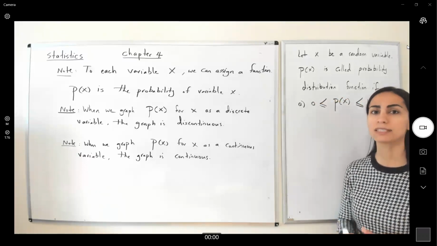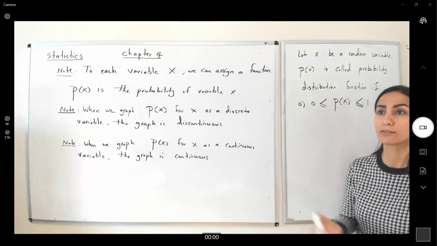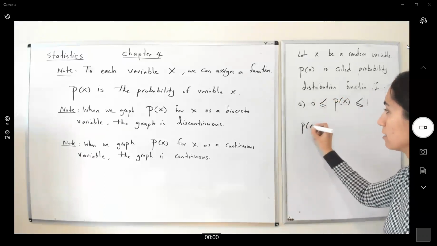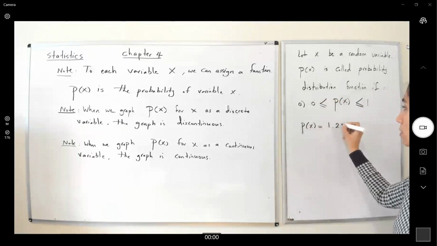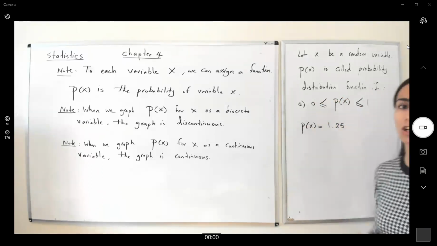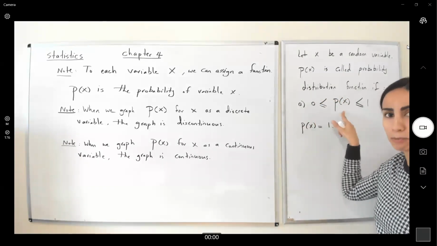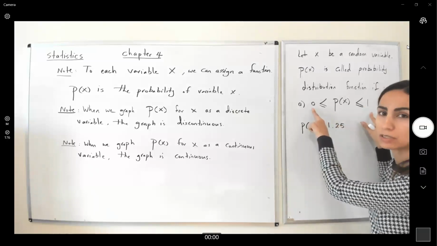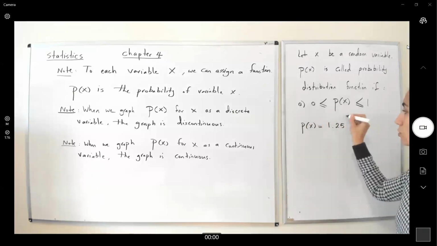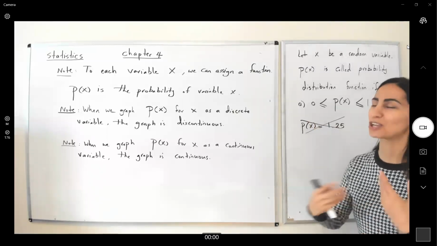If somebody says, hey, the probability is equal to, I don't know, 125%, P of x equals 1.25, you say, hey, I know the definition of a probability distribution function requires the probability to be a number between 0 and 1 inclusive. It cannot be greater than 1. So your probability is wrong. You have to do the calculation one more time.